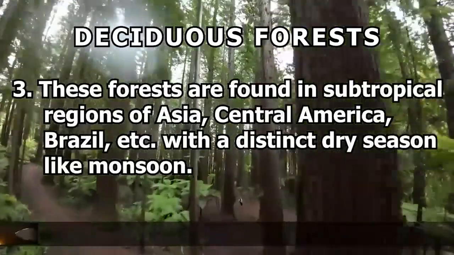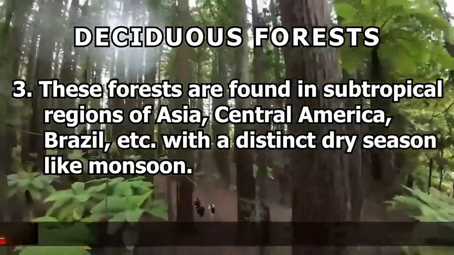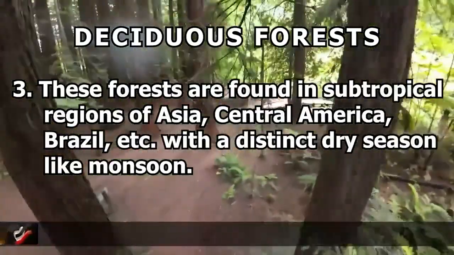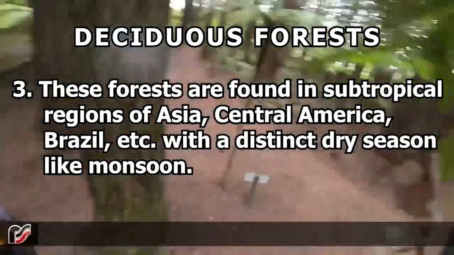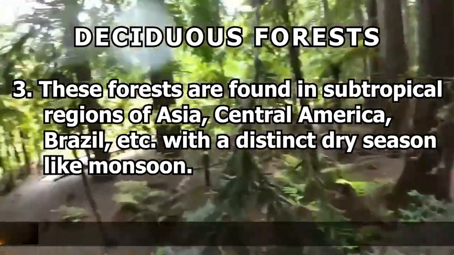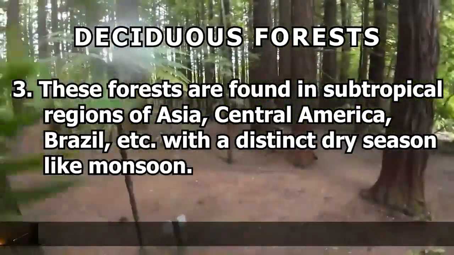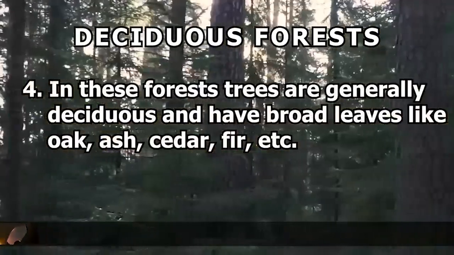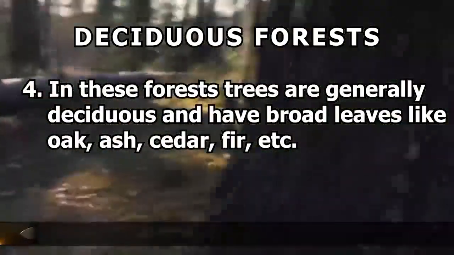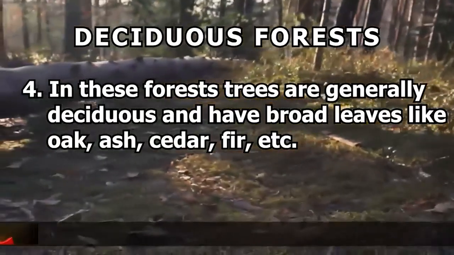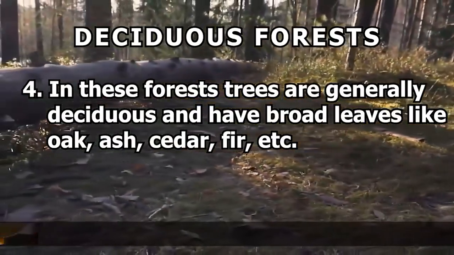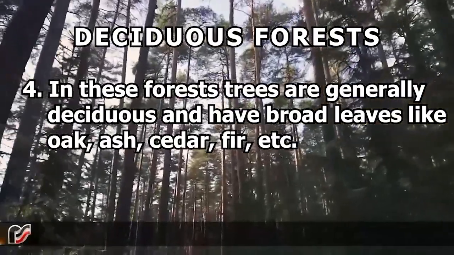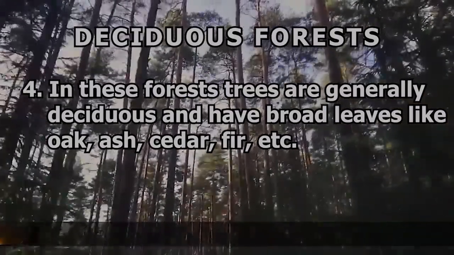These forests are found in subtropical regions of Asia, Central America, Brazil, etc. with a distinct dry season like monsoon. Number 4. In these forests, trees are generally deciduous and have broad leaves like oak, ash, cedar, fir, etc.